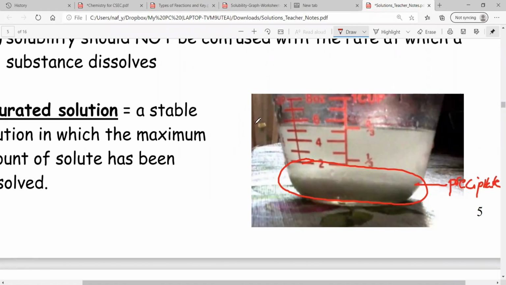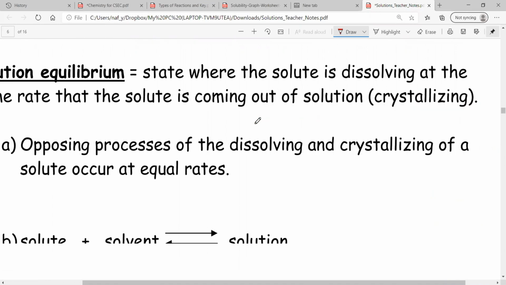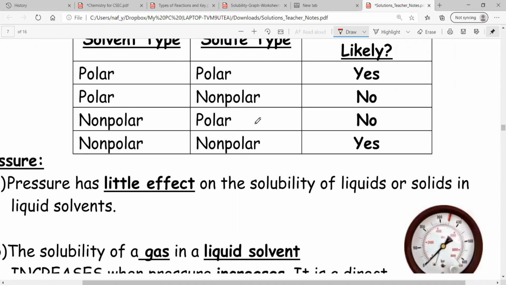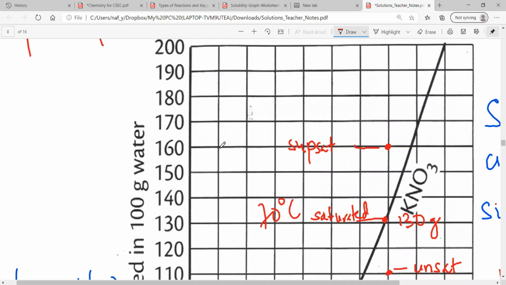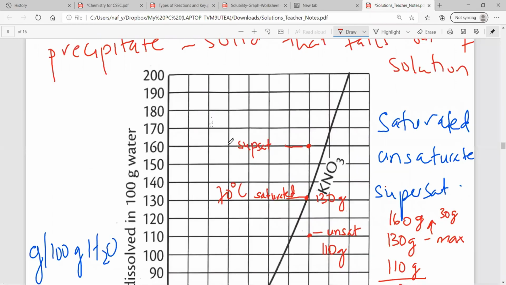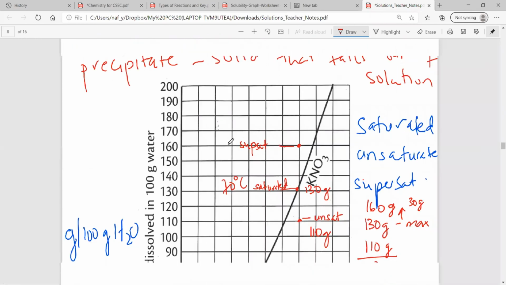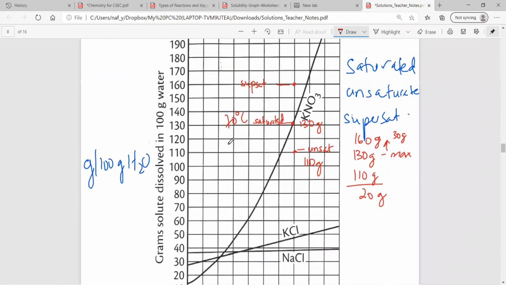All right. Now, what is going to happen? There are sometimes when a solution is cooled. Remember, you can't keep it at the temperature because it's naturally going to lose energy. The temperature is naturally going to decrease unless you have it constantly heated.